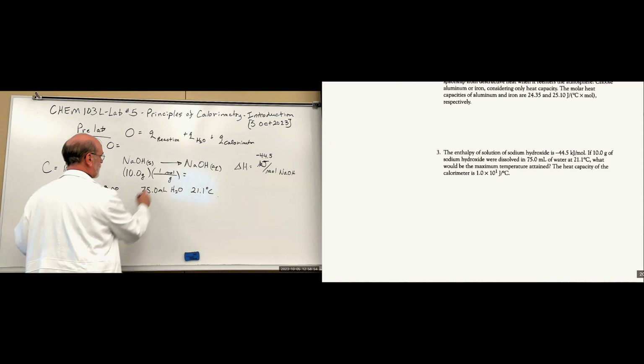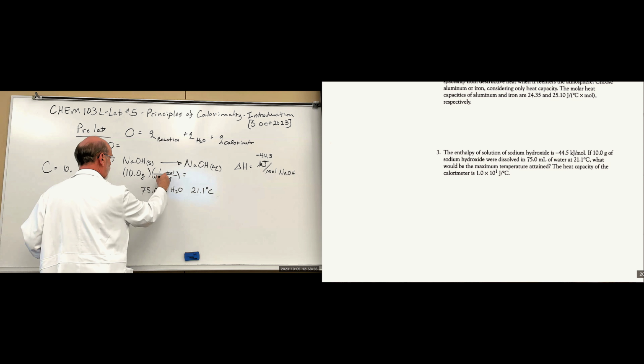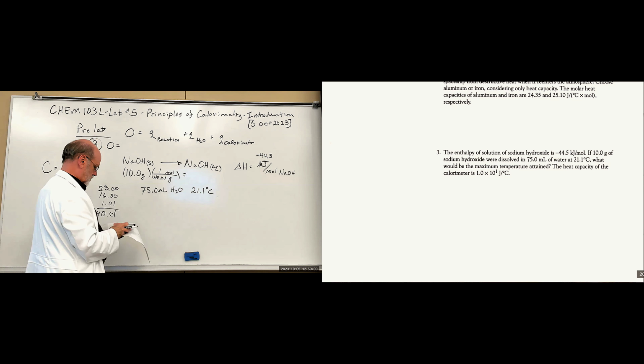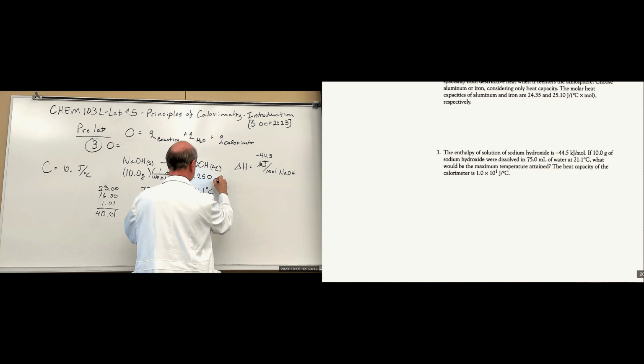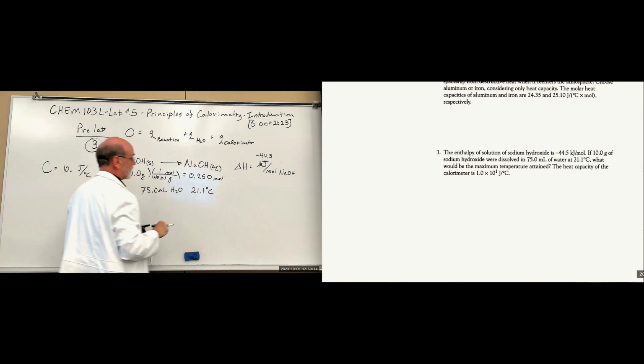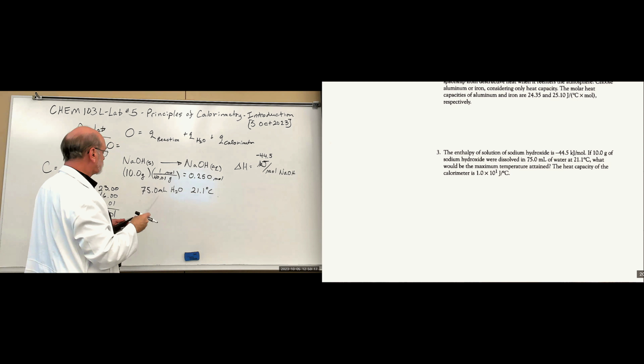That's 40.01. So 10 divided by 40.01 is 0.250 moles of sodium hydroxide. Okay.